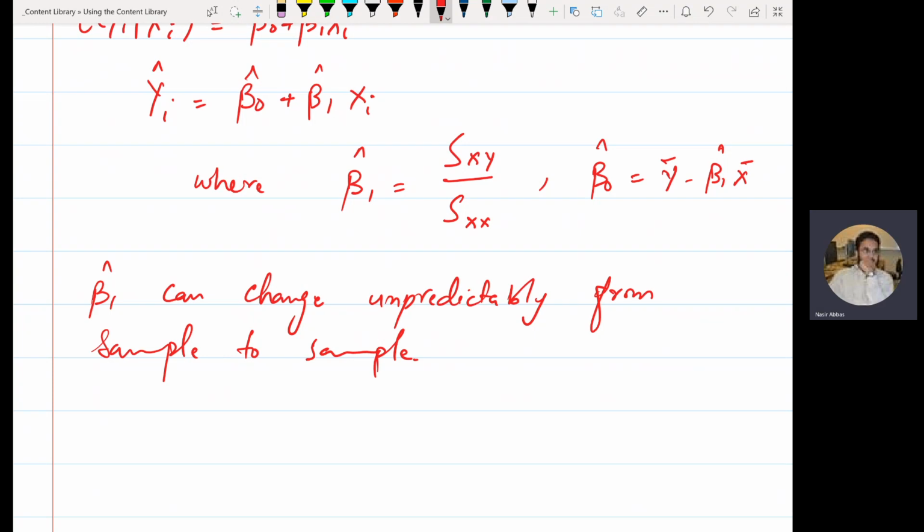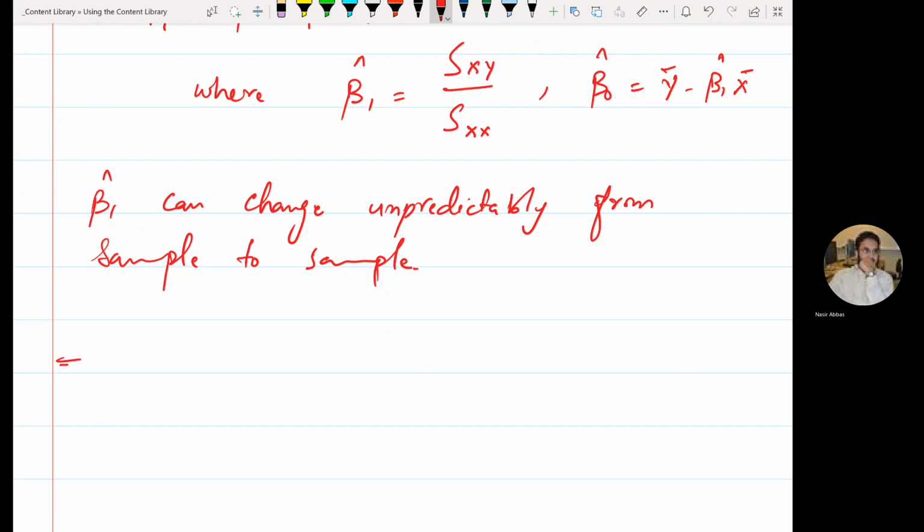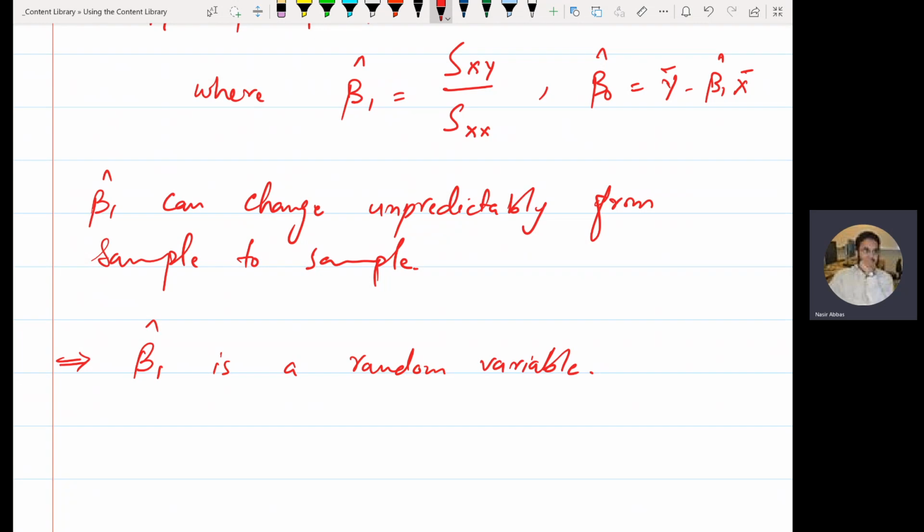This proves that beta 1 hat is a random variable. Once we prove that, we start looking for the distribution of beta 1 hat.